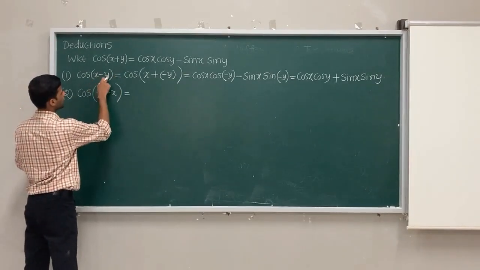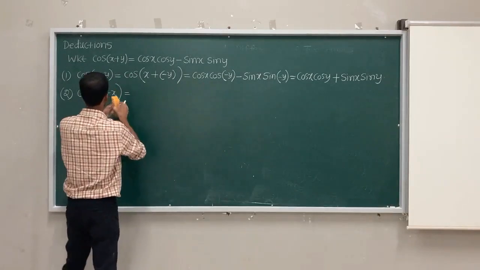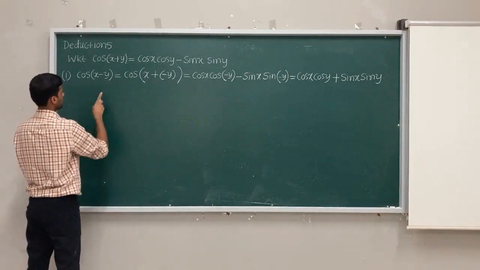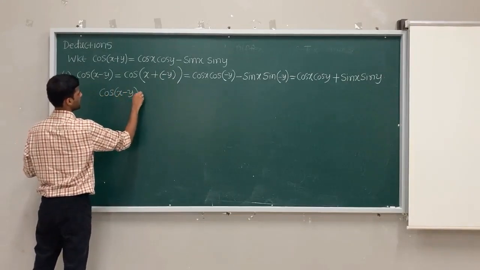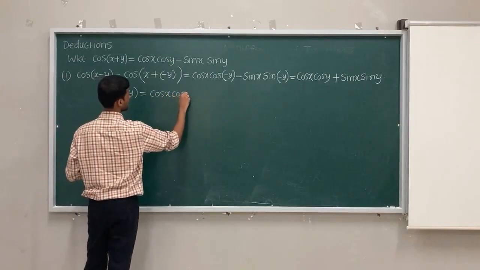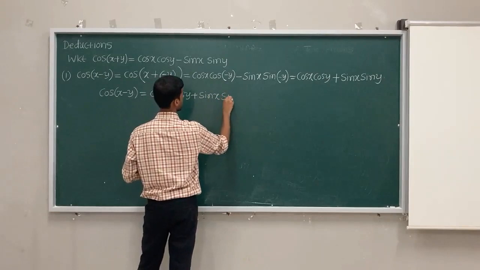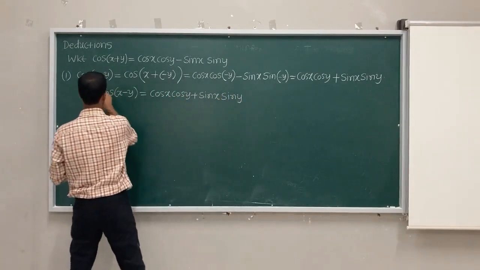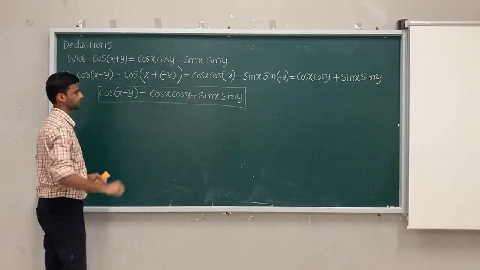So let me apply the cos of x minus y result. Cos of x minus y is equal to cos x cos y plus sin x sin y. Okay, now it is looking good to memorize.